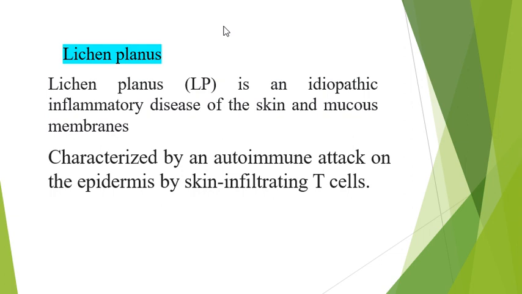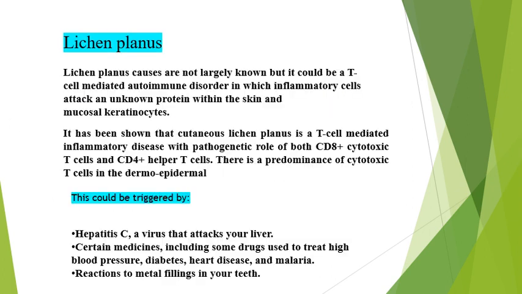What is lichen planus? Actually, it is an idiopathic inflammatory disease of the skin and mucous membrane. However, it is characterized by autoimmune attack on the epidermis by skin infiltrating T cells.